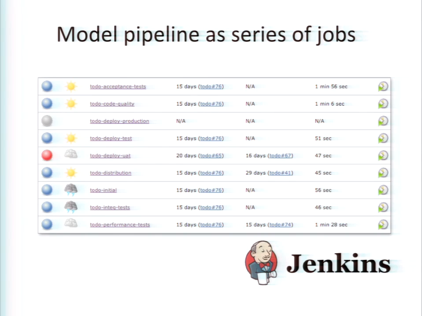This job will deploy into test. For the functional test, this will deploy into UAT. And we should also have one that deploys into production, this guy here. So apparently we haven't deployed into production yet. It's a new project. What else? We have some optional performance tests here that we can also run before we deploy into production. And that's about it for the steps we have in this pipeline.